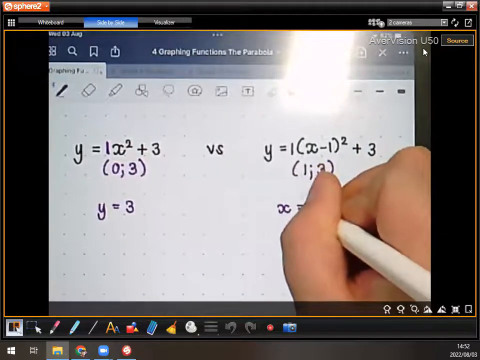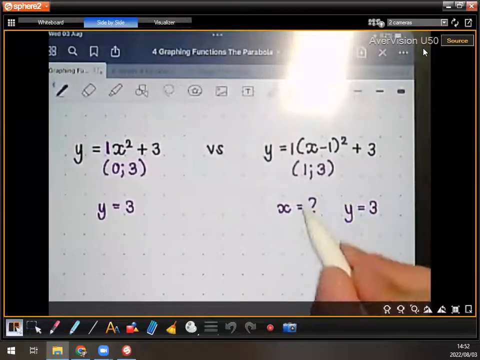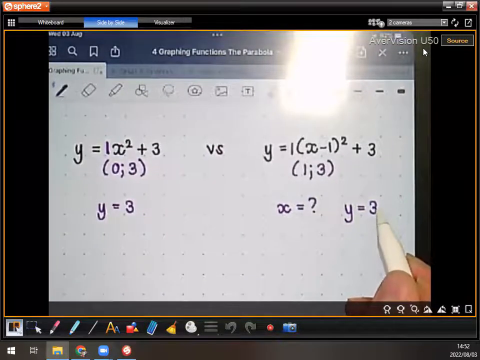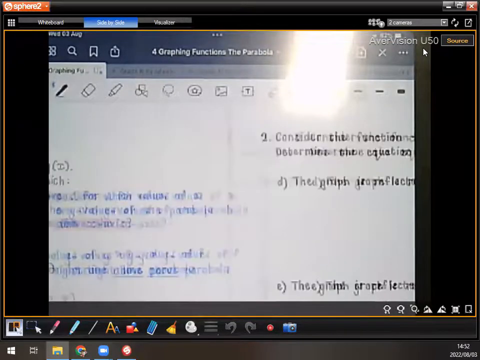X must be what for me to get the same y value? X is going to have to be 1 for me to get the same y value of 3, which means I need to sub in an x value that is 1 unit to the right of the x value that I subbed in. Okay, how does that make sense? Sorry, I wasn't prepared for that explanation.